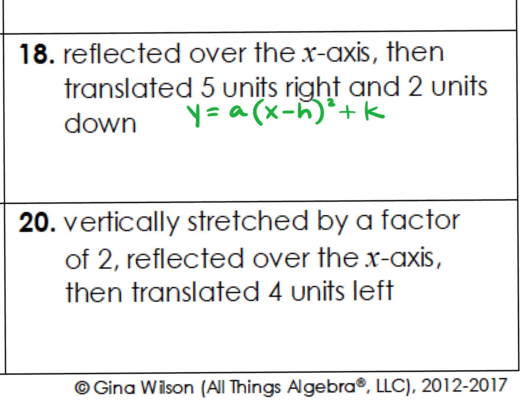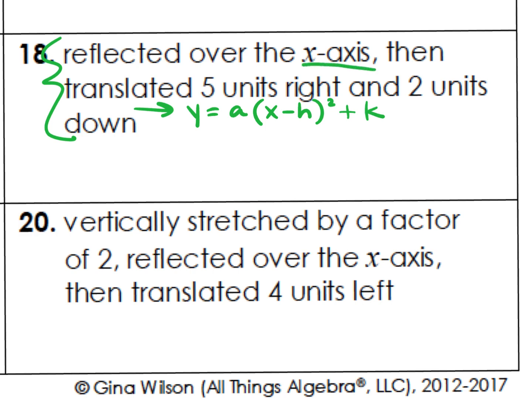My best advice is start the problem by writing down the generic vertex form of an equation. Now think about each piece of it. What is the A going to do? What is the H going to do? What is the K going to do?